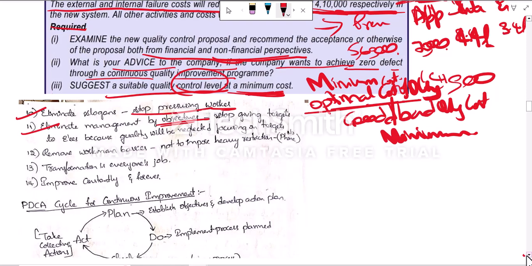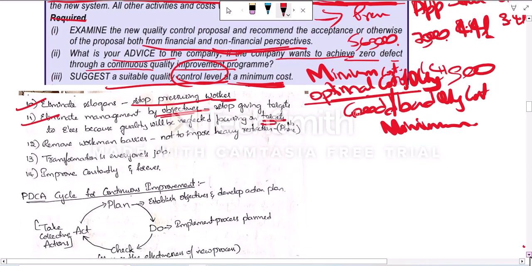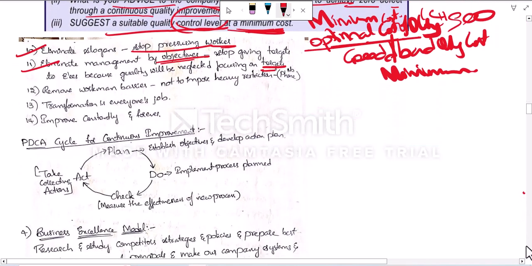So in the same way, if they reach the targets without giving any quality, it is just a waste of resources. So we should not encourage them to reach the targets without caring about the quality. We should eliminate the management by objectives.